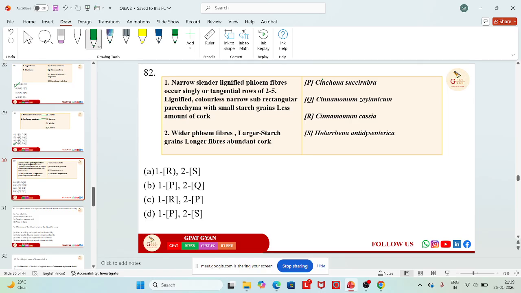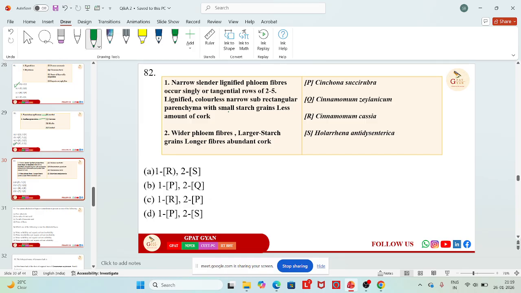Now you tell me if you can remember. Narrow, slender, lignified phloem fibers. This characteristic, lignified, colorless, narrow, subrectangular parenchyma with small starch grain, less amount of cork.